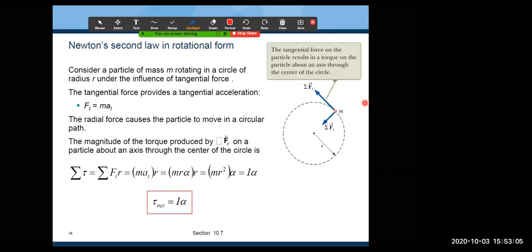Tangential acceleration is equal to r times alpha. Very important, this is not centripetal acceleration.